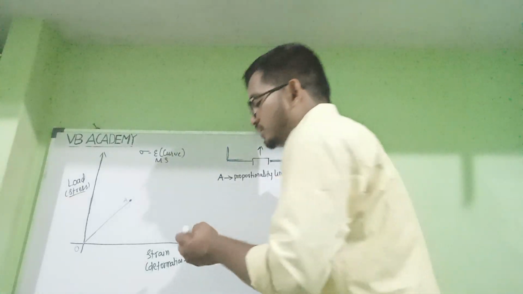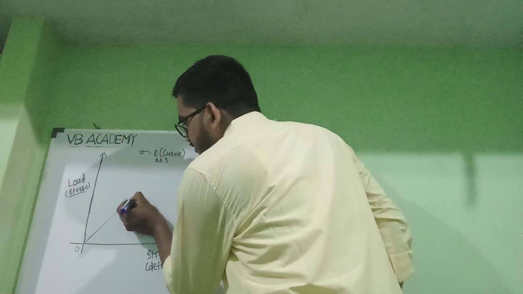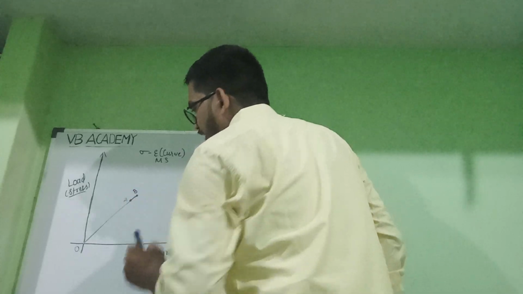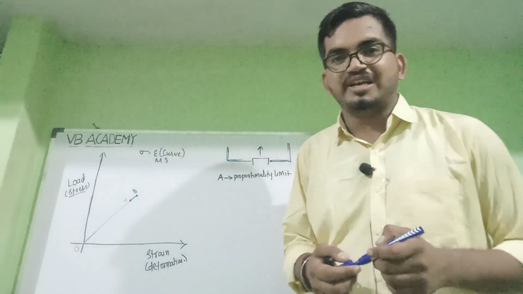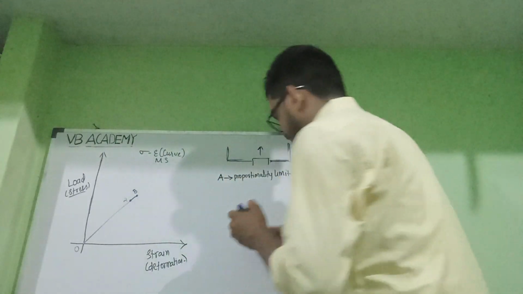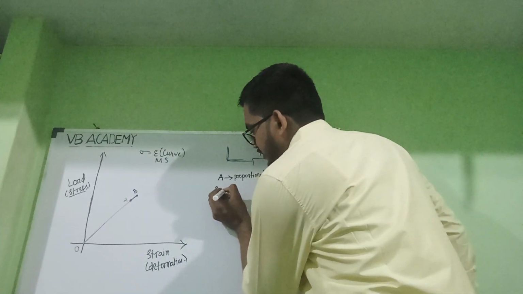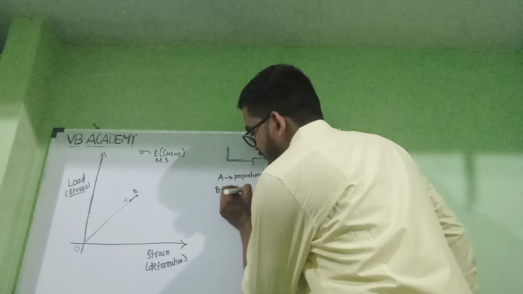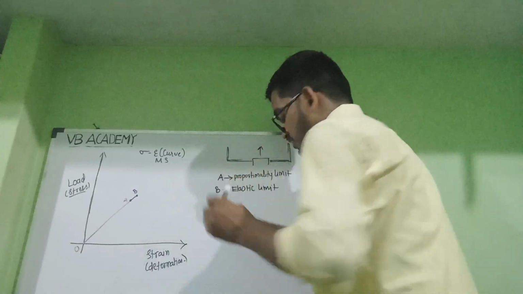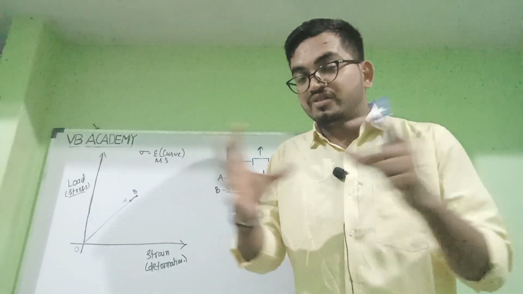Then comes, due to a slight increase in this, one more point we will get, that is the B point, the elastic limit. What did we say while defining elasticity?